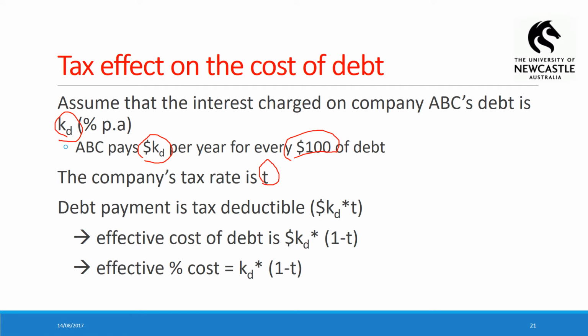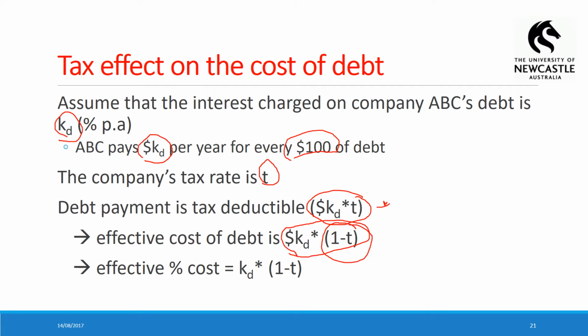We know that debt payment is tax deductible. So out of this KD dollars, the company can save this much amount in taxes, yeah? Therefore, the effective cost of debt, or the net amount that the company has to expense after taking into account the tax shield on debt, is just this proportion, right?